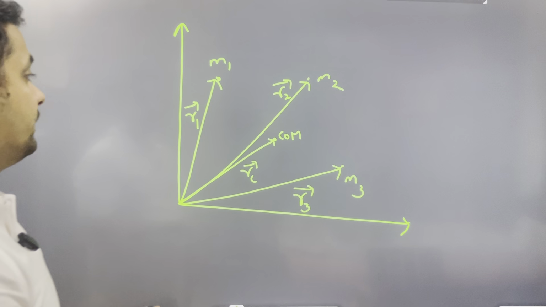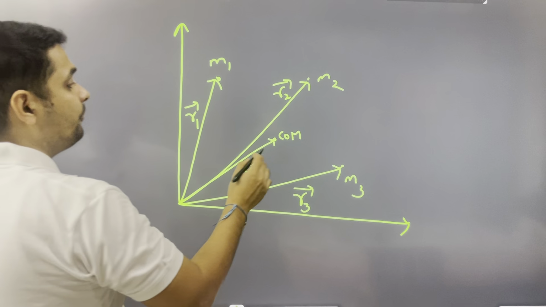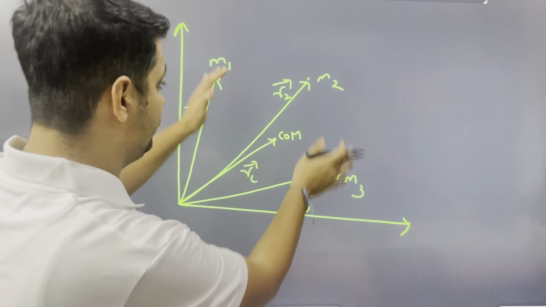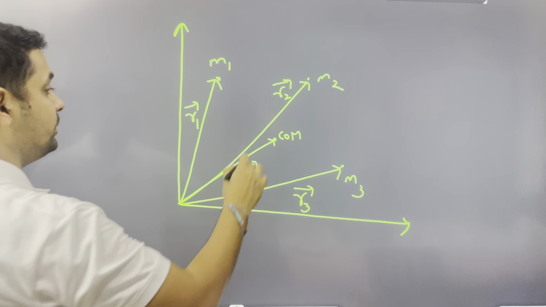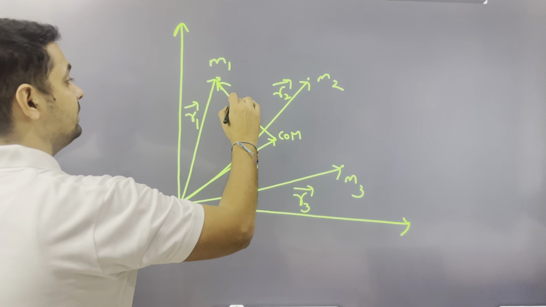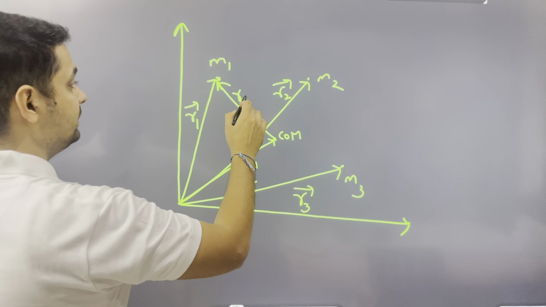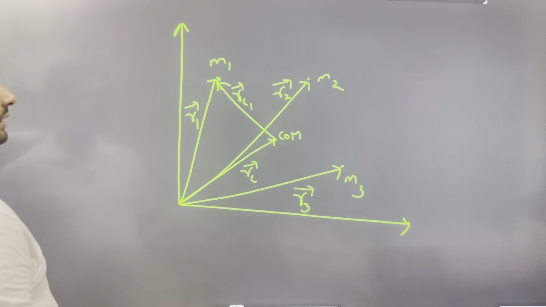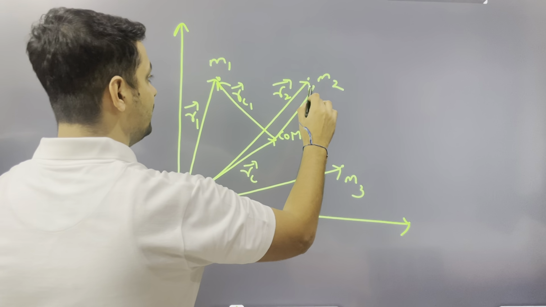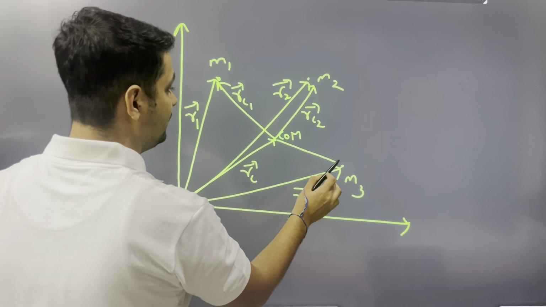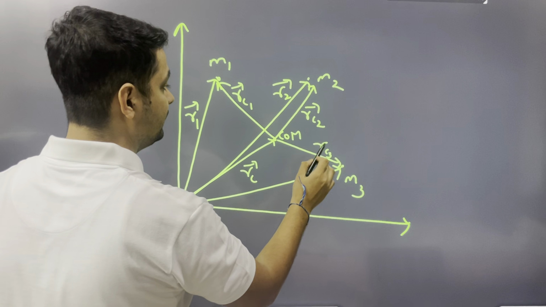Now here if I consider the center of mass as a reference point for this whole system, I find this one as rC1 vector, this one as rC2 vector and this one as rC3 vector. Correct?